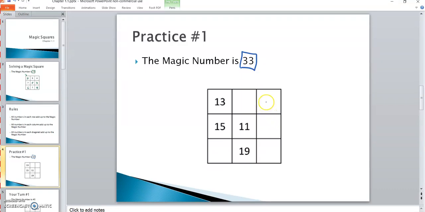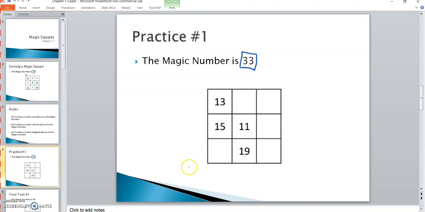For example, if I wanted to start off with this square, I would not be able to, because there's another blank square in this row and other blank squares in this column. And so I need to find a blank square that's the only one in a row or column.